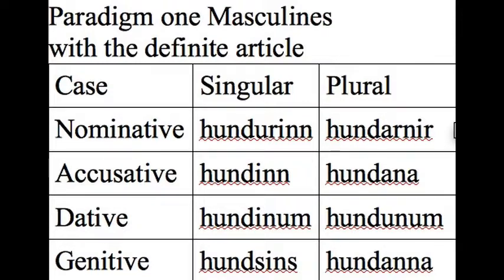So both the article and the noun end in an S. In the case of hundarnir, plural nominative, both the article and noun end in an R. The accusative and the genitive both do end in an A. Both the noun and the article end in an A. And as for the dative plural, it would technically end in two M's, but that's avoided, and instead you get num. So the N at the end of the noun is dropped and replaced with the article.